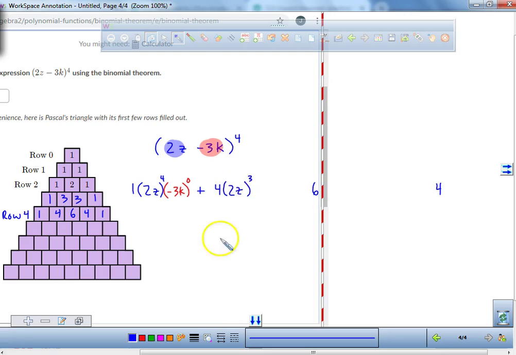Then 2z cubed, negative 3k to the first, plus 2z squared, then 2z to the power of 3 and negative 3k to the first.